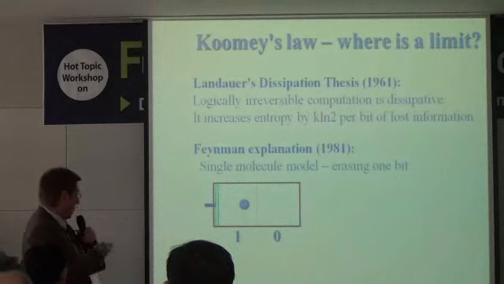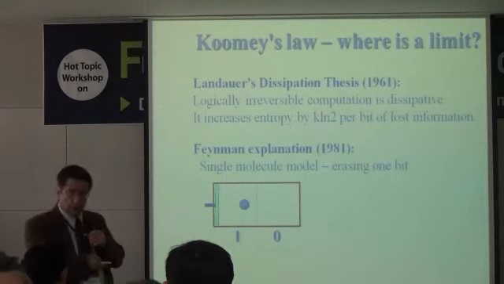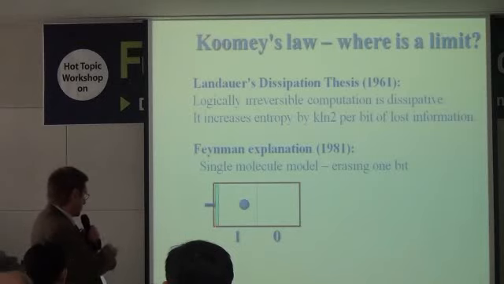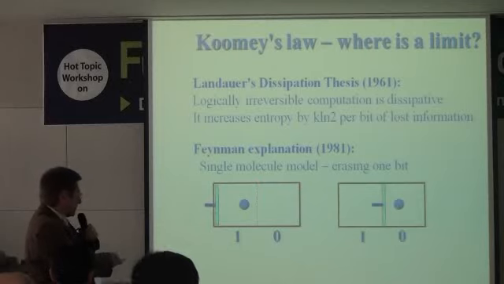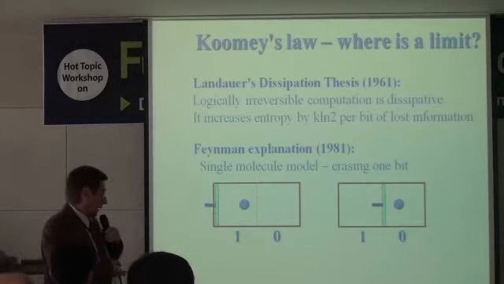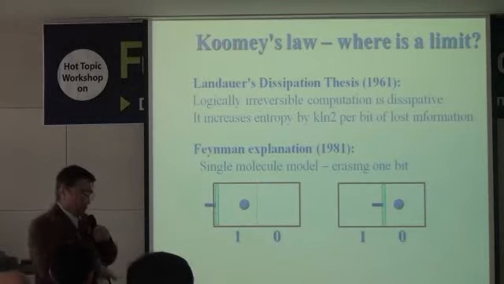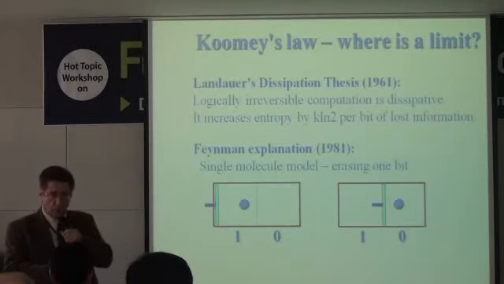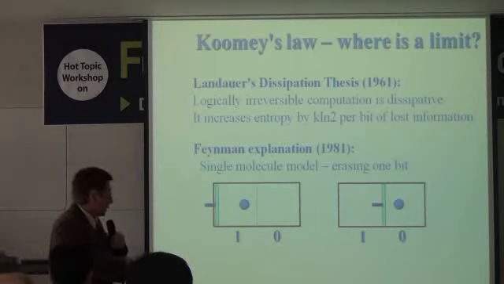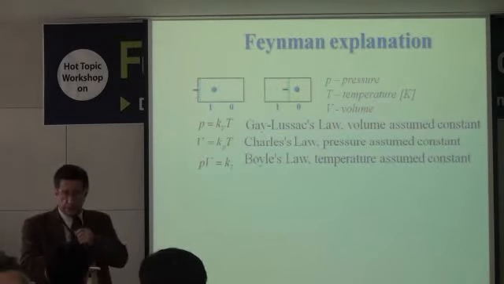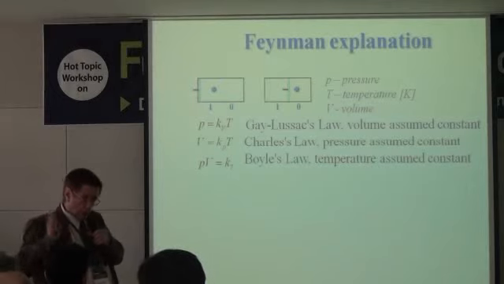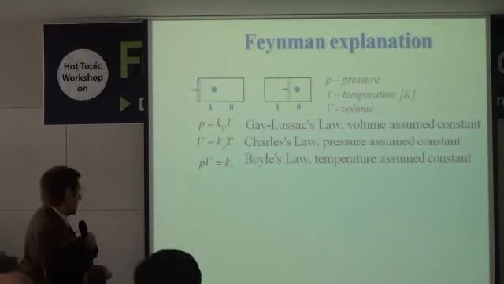One way to write 0 to the box is to put this wall in the middle, and then we will for sure have the molecule on the right side, and the 0 will be written to this box.